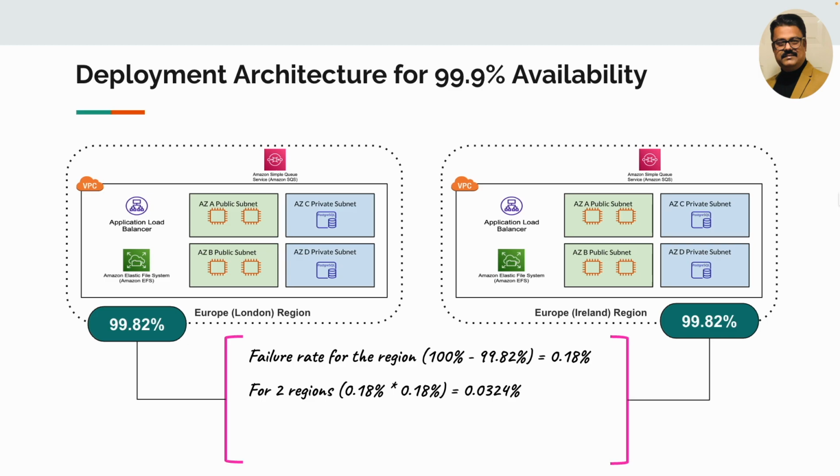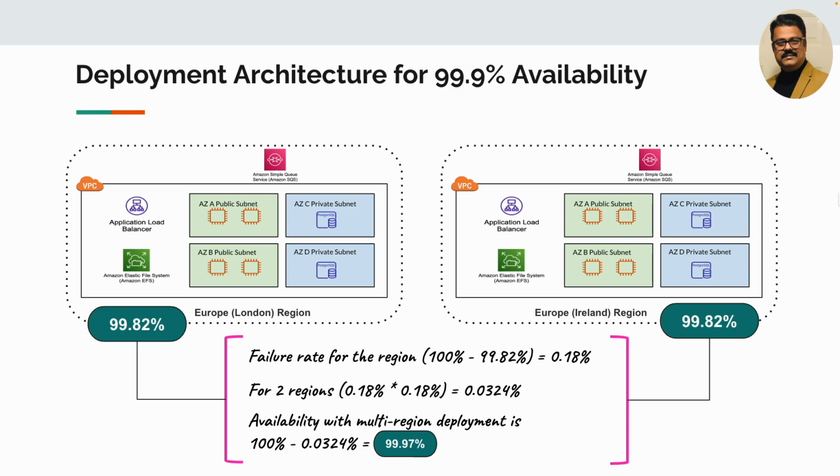To get the overall availability, we are going to subtract the failure rate, which is 0.0324%, from the initial availability, which was 100%. And the final figure is 99.97%.